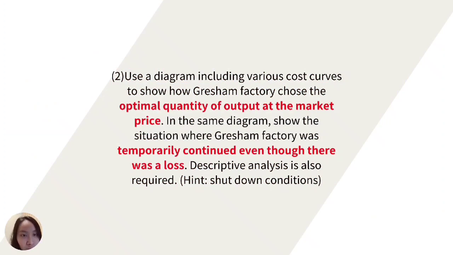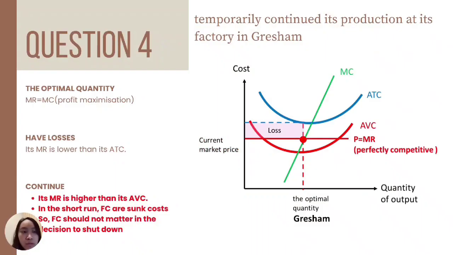Next, I'm going to use a diagram including various cost curves to show how the Gresham factory chose the optimal quantity of output at the market price. And the same diagram shows the situation where the Gresham factory was temporarily continued even though there was a loss. So the optimal quantity happens when marginal revenue equals marginal cost, because this is the profit maximization point.